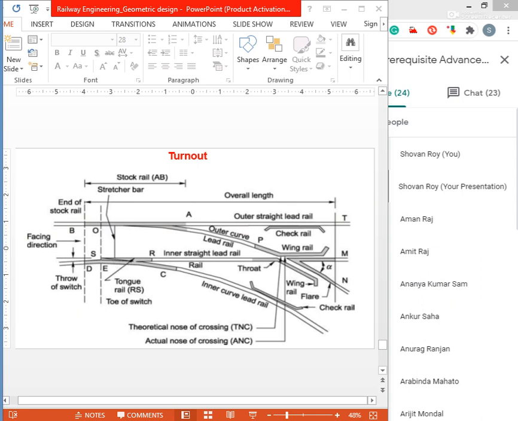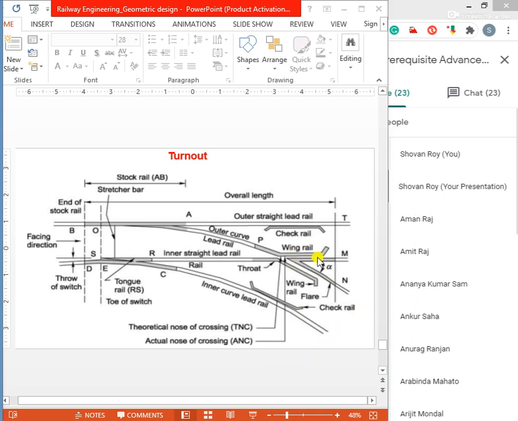Crossing is a device introduced at the junction where two rails cross each other to permit the wheel flanges of a railway vehicle to pass from one track to another. From this arrangement you can understand that the wheels with flanges can easily pass with this configuration, easily diverge from one line to another line, or converge two lines.